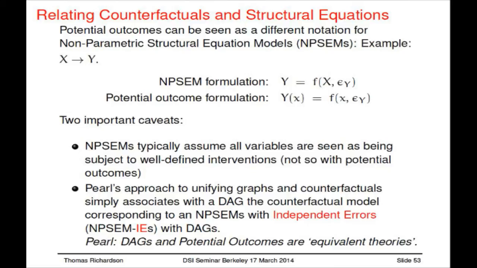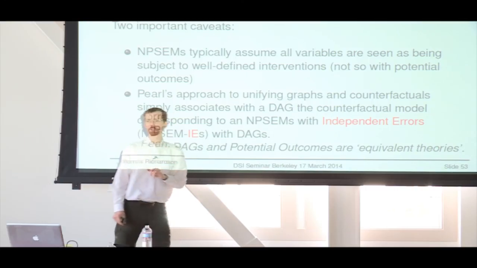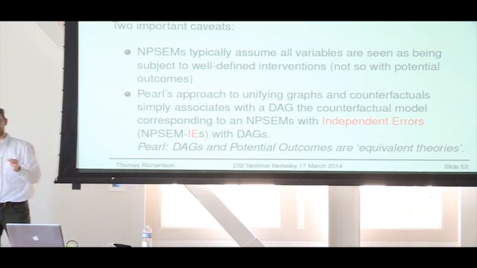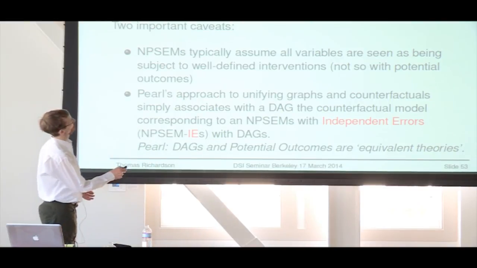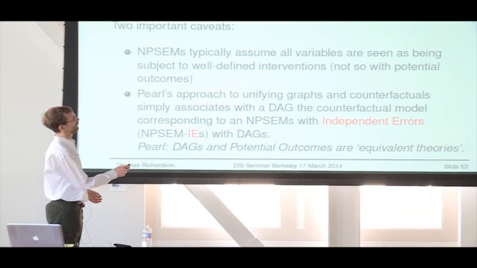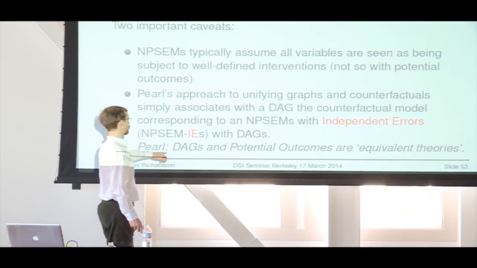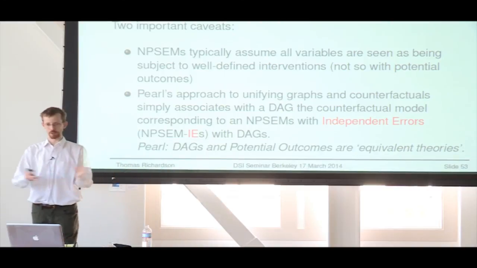But the second point that I made is that Pearl's approach associates with a DAG a counterfactual model where error terms for different variables, in the absence of confounding, so when everything is observed, are all assumed to be independent. Okay? So Pearl often will say DAGs and potential outcomes are equivalent theories. But that statement is actually talking just about being able to rewrite this. When he's making that statement, he's allowing you to have any distribution you want over the error terms.